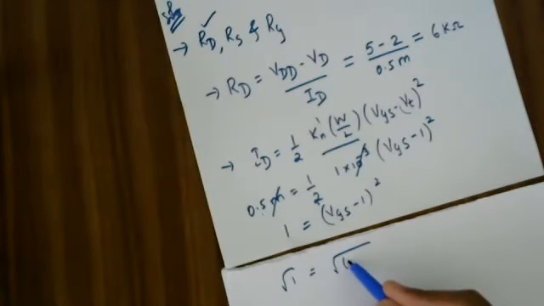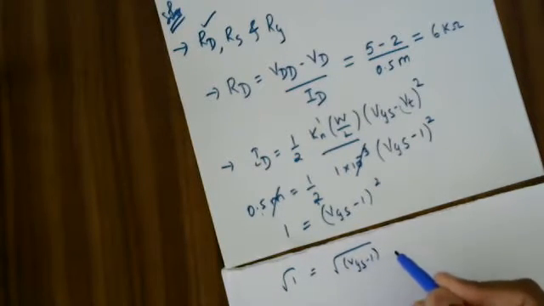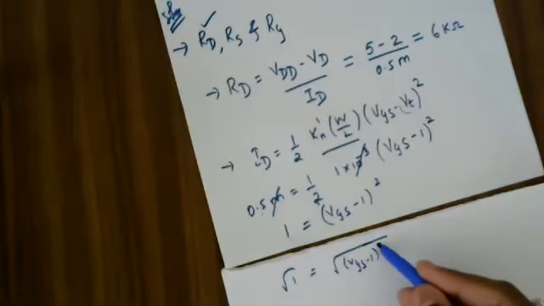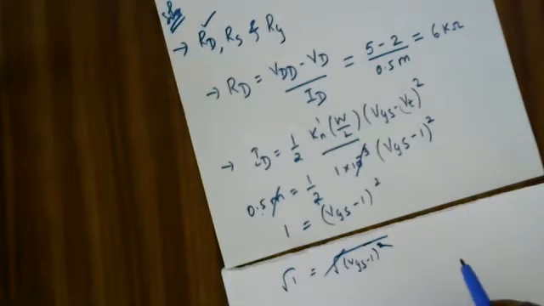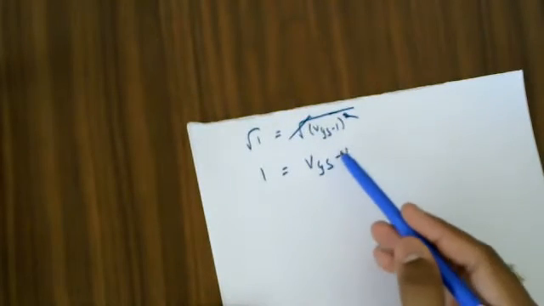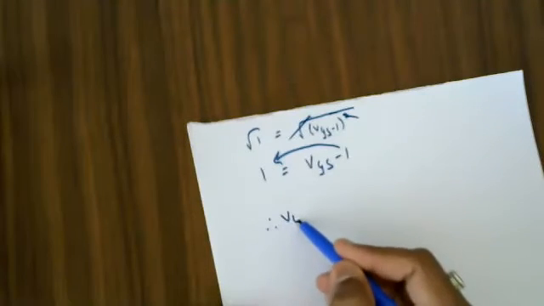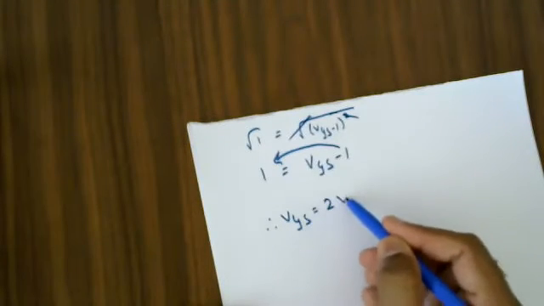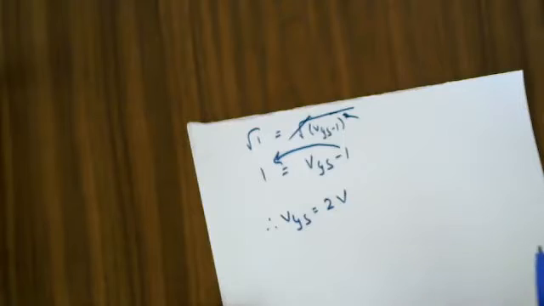Square root of (VGS minus 1) the whole square, so the square root and square get cancelled, giving 1 equals VGS minus 1. Now I transfer this from RHS to LHS. Therefore, VGS is equal to 2.